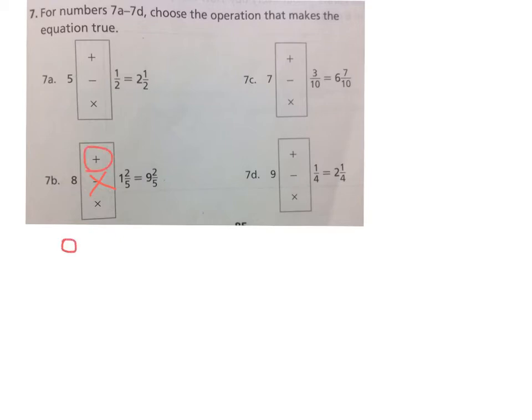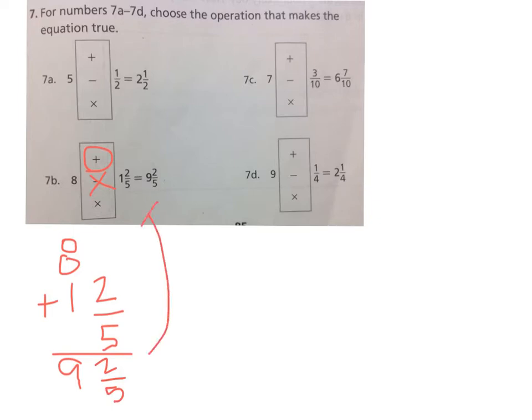We're going to have our 8 plus 1 2/5. 8 plus 1 is 9, and we bring down the 2 and the 5, making it 9 2/5. And that is our answer. With our answer being 9 2/5, and the same answer being on the equation, we now know that the correct operation is addition because the answers are the same.